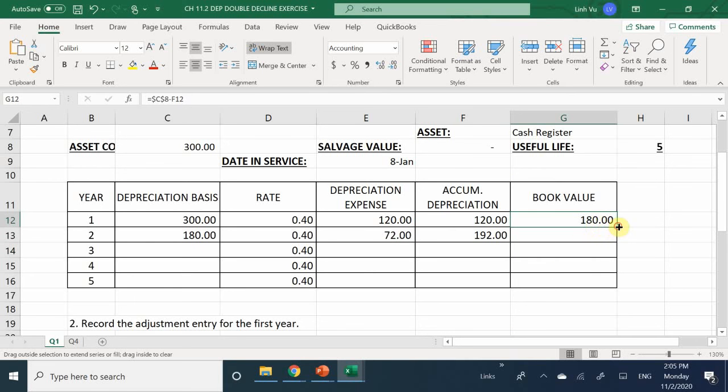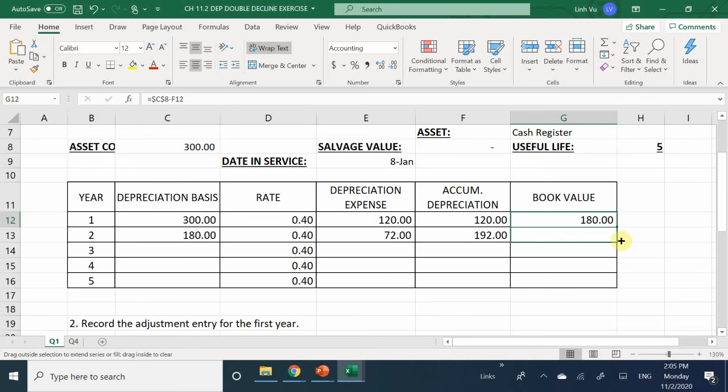390 minus 192. Wait, it is the cost of the asset minus the accumulated depreciation, correct? So what's my cost of asset? $12?